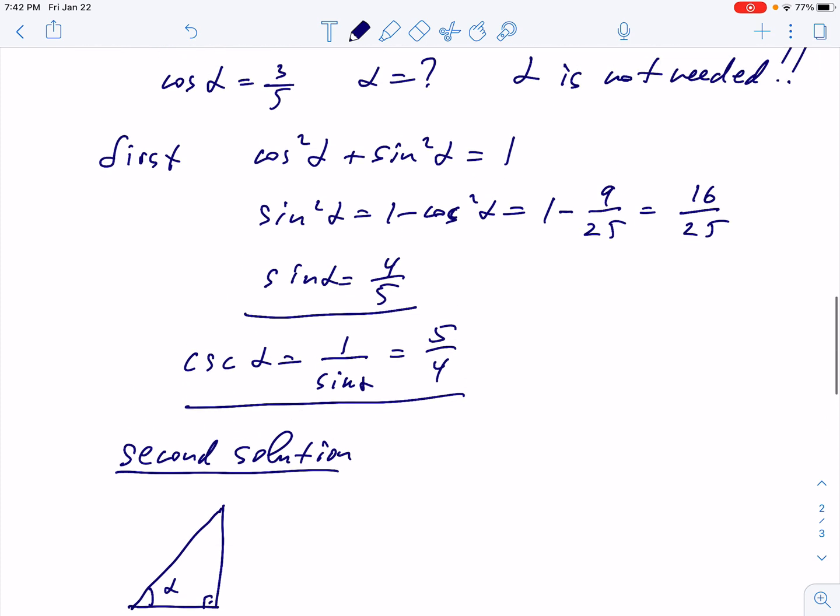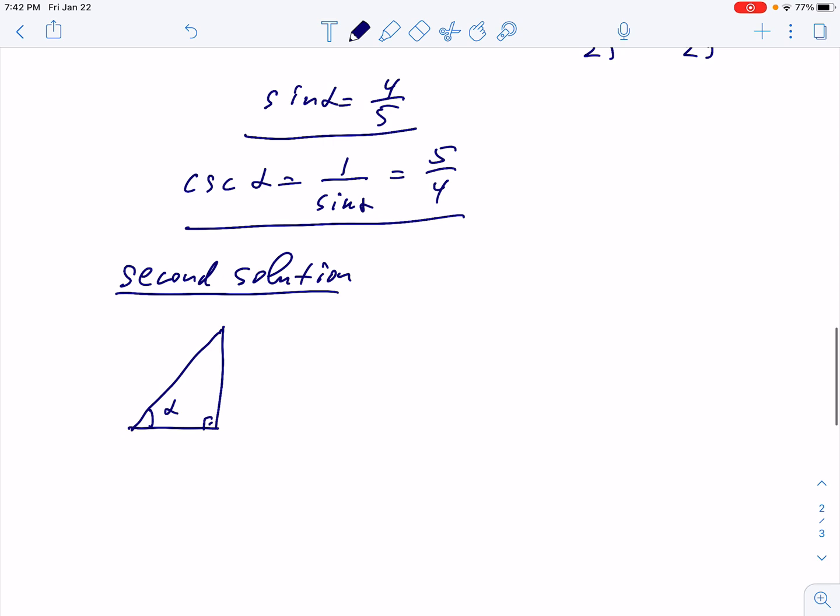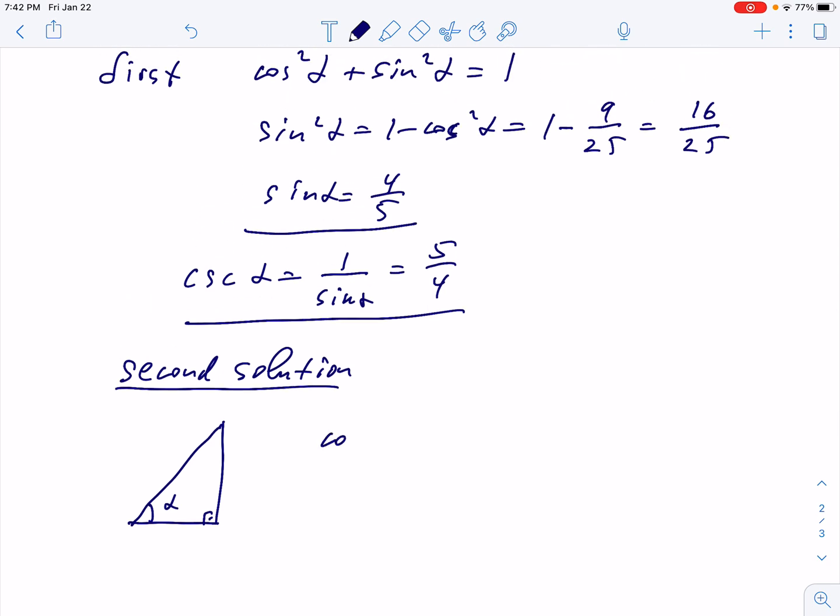We are given that cosine alpha is 3/5. Cosine, this is adjacent to hypotenuse, so we shall put 3 here, and 5 will be the hypotenuse.